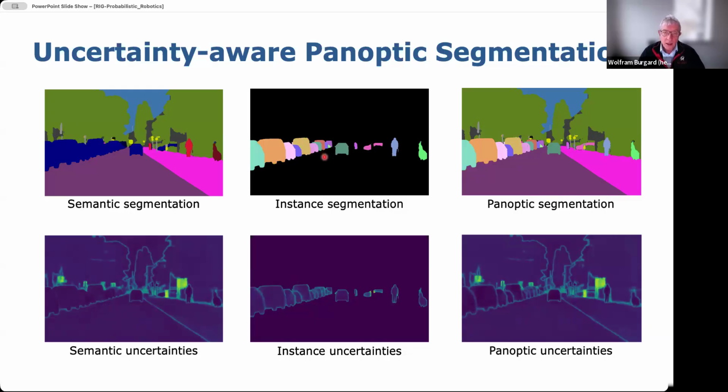And the same goes for the instance segmentation task. Here you also see high uncertainties at the borders of the individual instances, which is exactly what you would expect from such a system. And when you combine those two, you get what is called panoptic uncertainties, which is basically the combination of semantic and instance uncertainties.